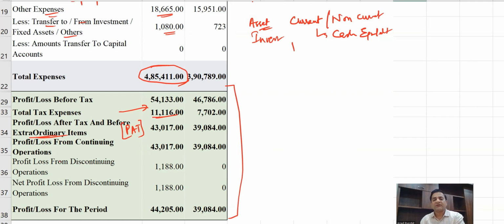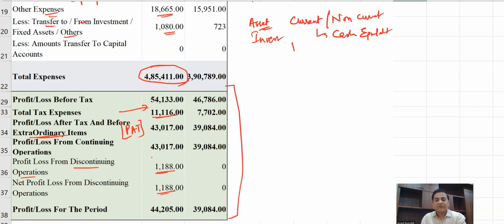So we need to show the profit or loss from discontinuing operations. And what are these discontinuing operations? If you remember, in the year 2022-23, Reliance Industries declared that it would be closing out some of its units because they were not profitable ones. So it has sold off those units, and on account of selling those units, there was a profit of 1188 crores for the year.